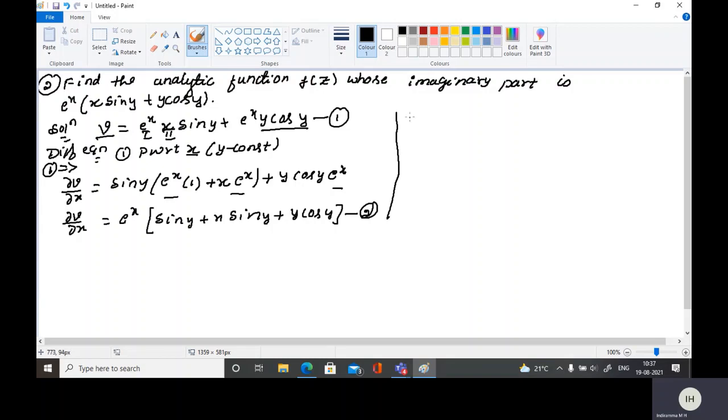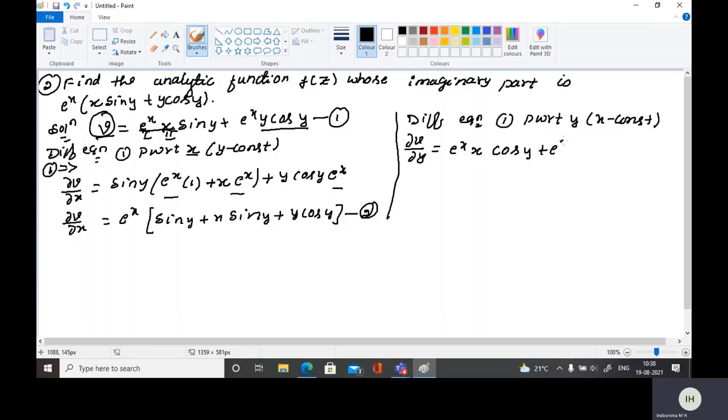Next, differentiate equation 1 partially with respect to y, keeping x constant. So we obtain the differentiation of v partially with respect to y, ∂v/∂y, is equal to, since x is constant, e^x into x is constant, the differentiation of sin y is cos y, plus e^x constant.